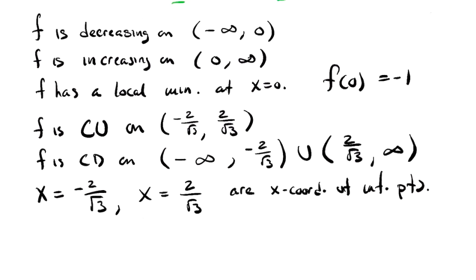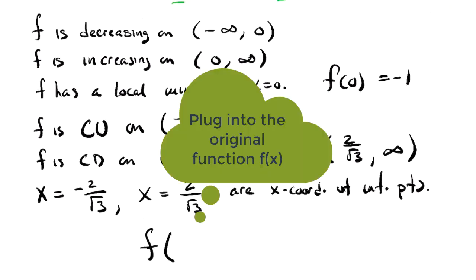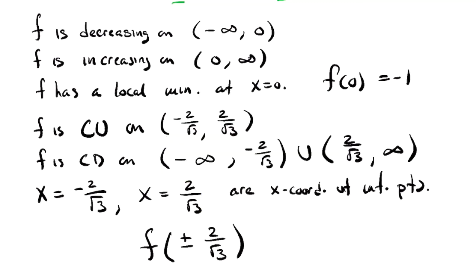And I checked before. I hope you'll check on your own that f of plus or minus 2 over the square root of 3 is, if you stop the video and scroll back to the formula for f and compute these things yourself, minus 1/2. Okay, so the coordinates of the inflection points are plus minus 2 over root 3, comma, minus 1/2.